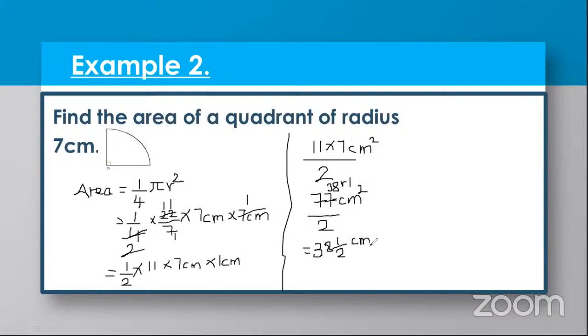Out of 2 centimeters. Then changing it into a decimal, what do you get? We get 38.5 centimeters squared. Good.